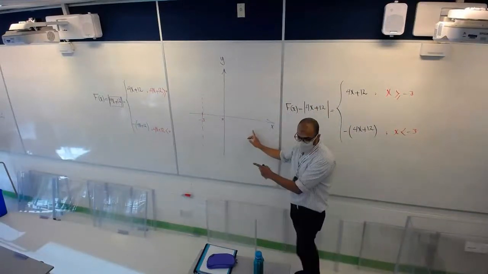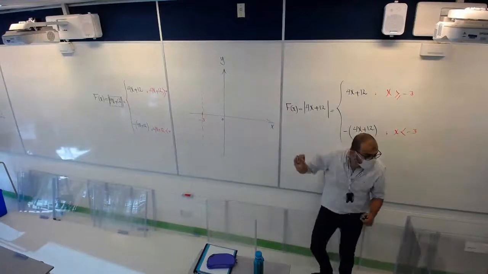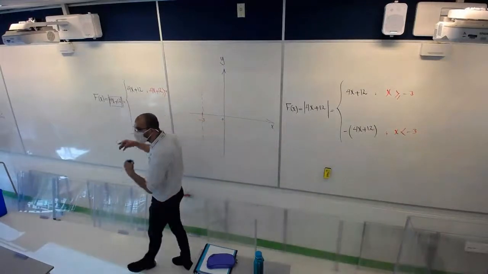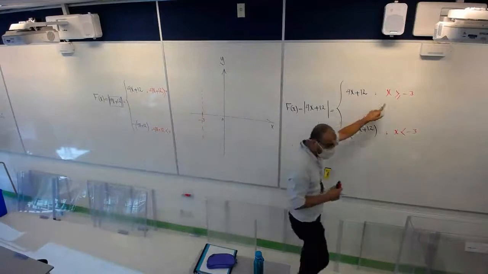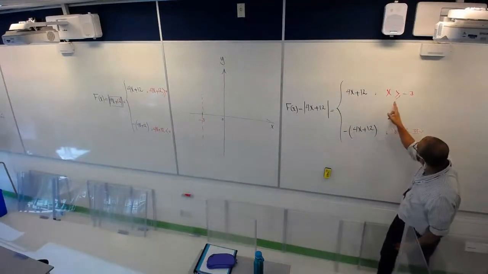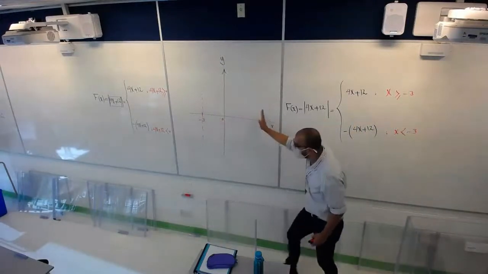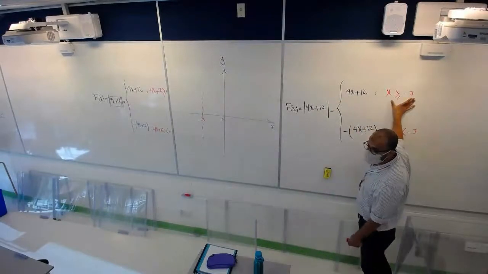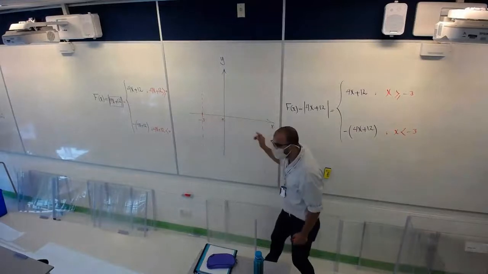Along the x-axis, if you walk towards the right, x values are getting bigger and bigger. If you walk towards the left, x values are decreasing. When you're looking for x greater than minus 3, it means you are looking for the numbers which are getting bigger, so you have to walk to the right side. Then x greater than minus 3 is for the x's on the right side of minus 3.